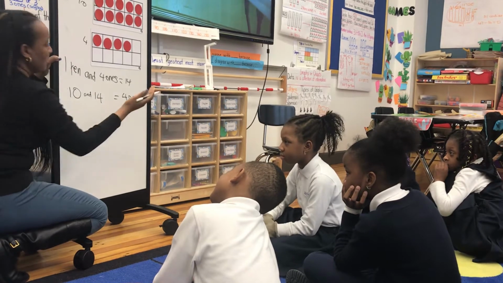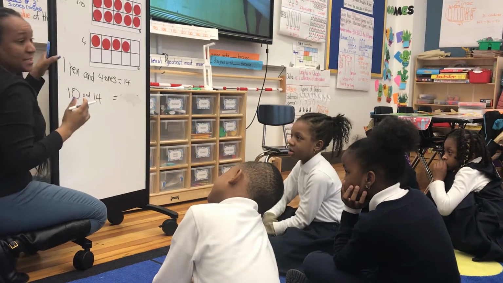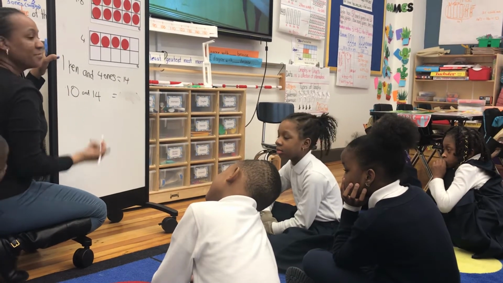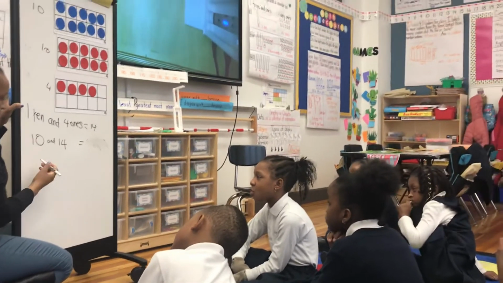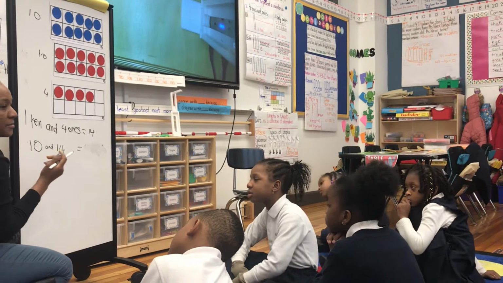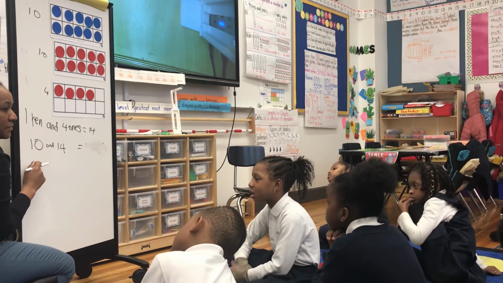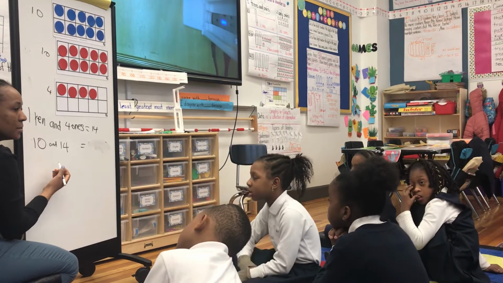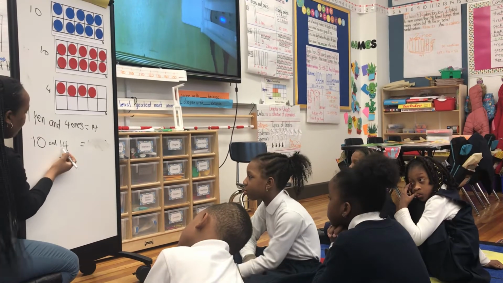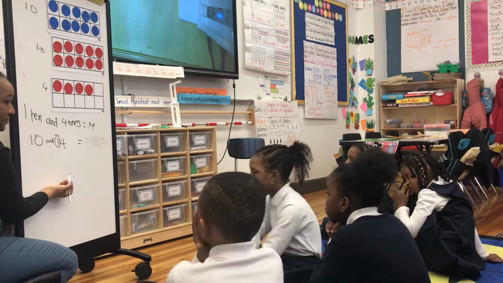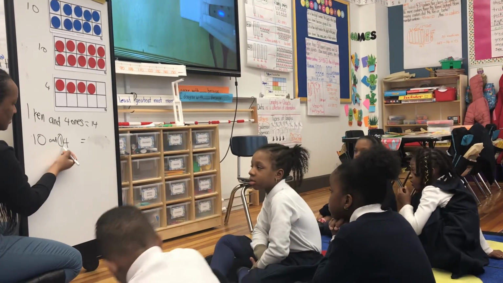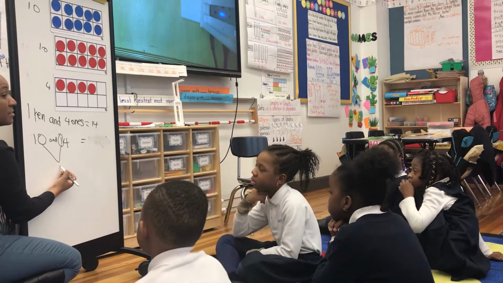I'm writing exactly what you're saying. I said if you have 1 10 left, and you have 4, then 14 has 1 10. Okay, 14 has a 10 and you said what? Okay. And then if you add the 10s together, it will equal 20.